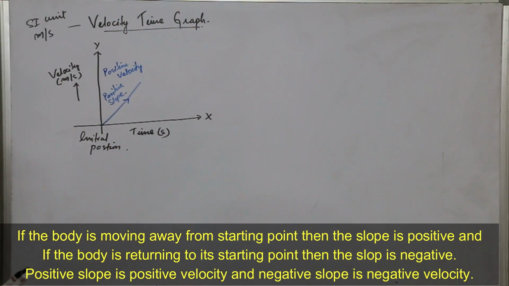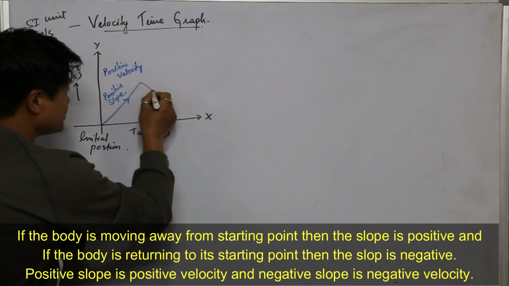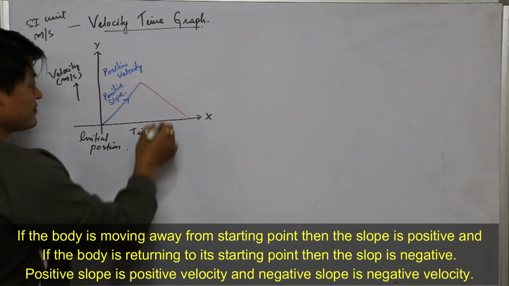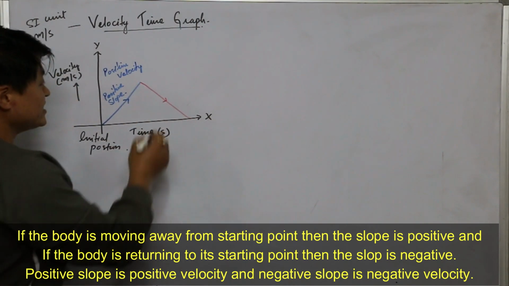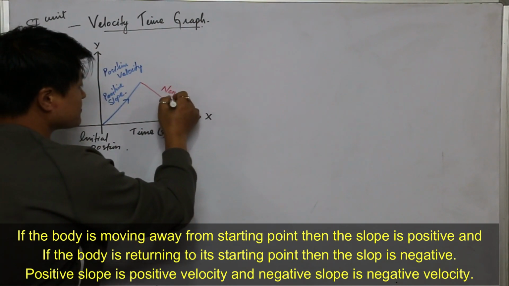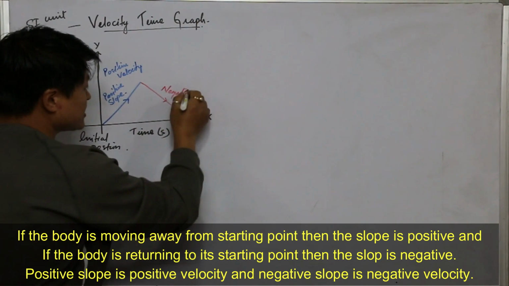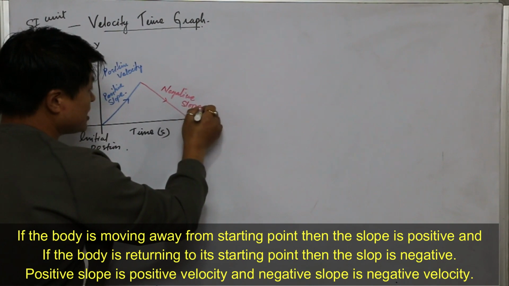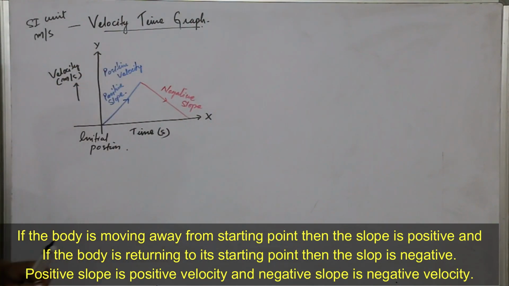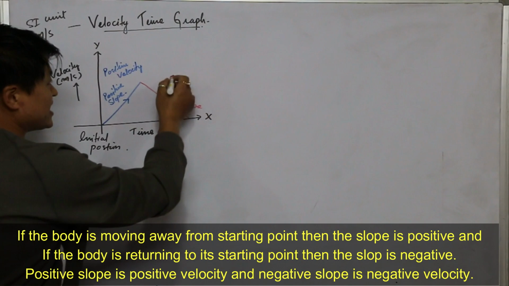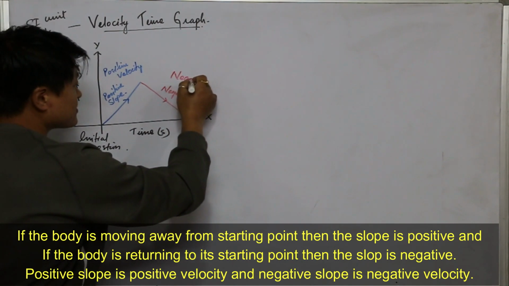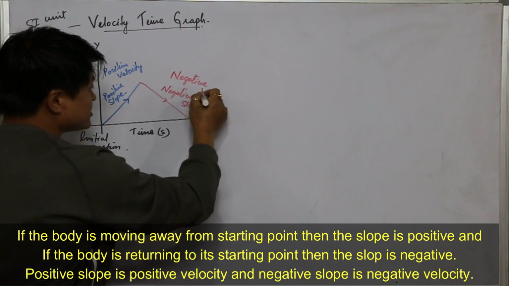And when the body is returning to its initial position, this we consider as negative slope. Negative slope. And as per velocity time graph, we will consider this as negative velocity.